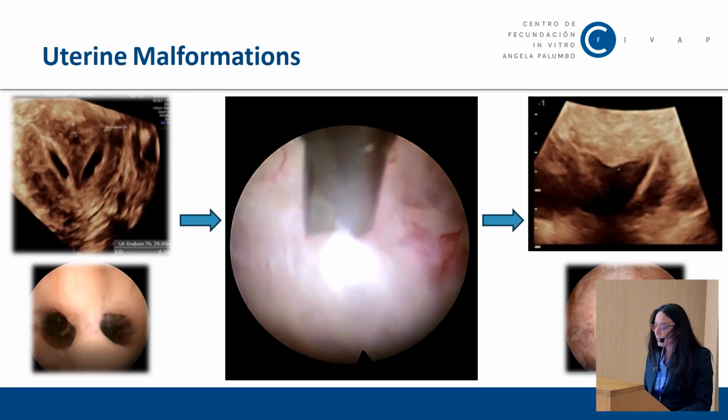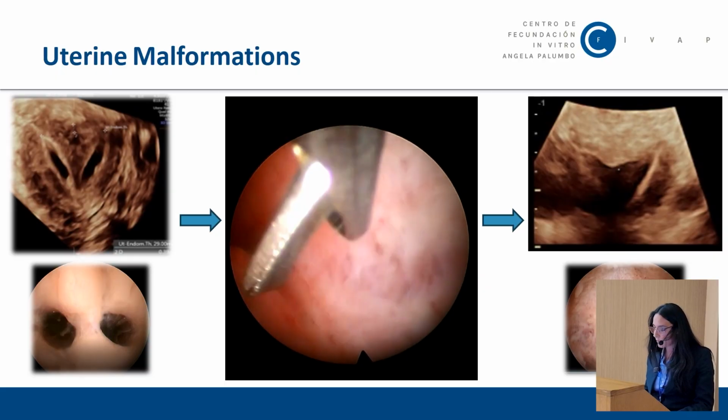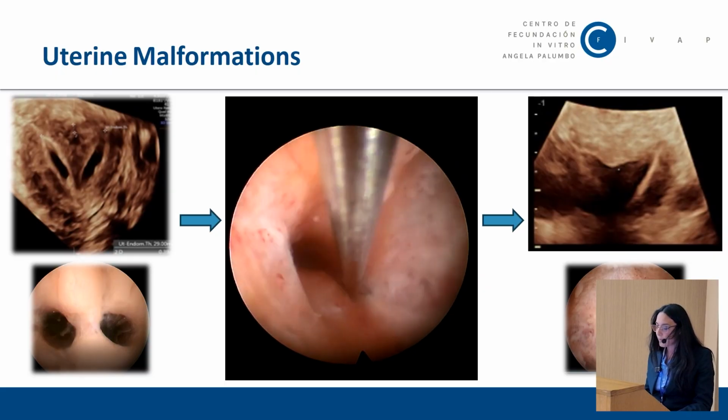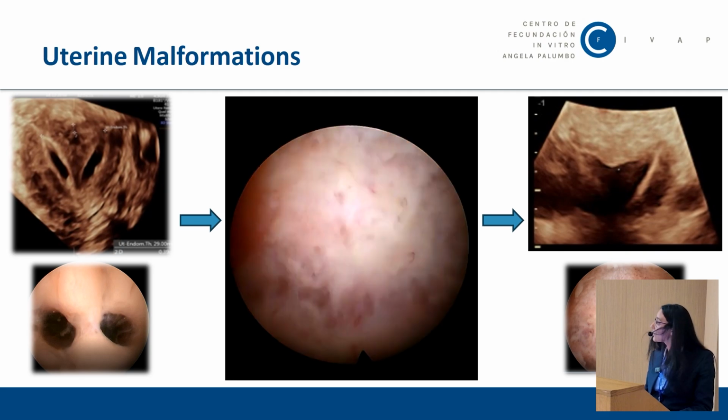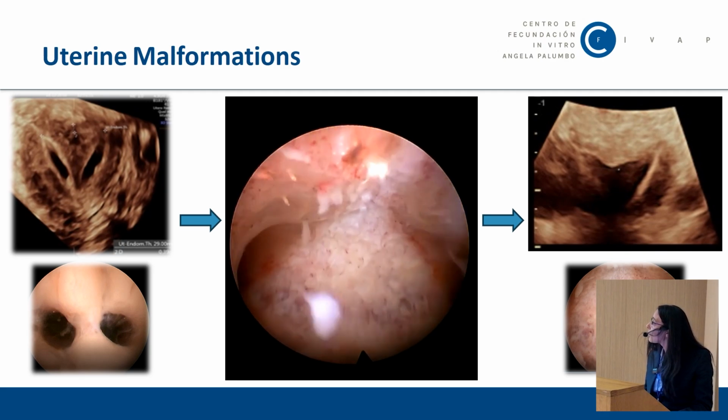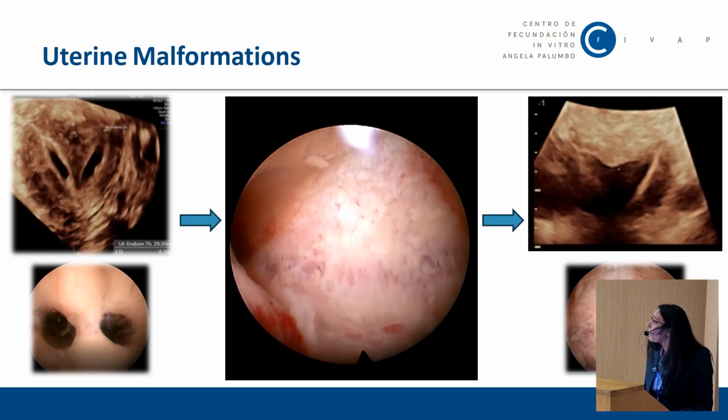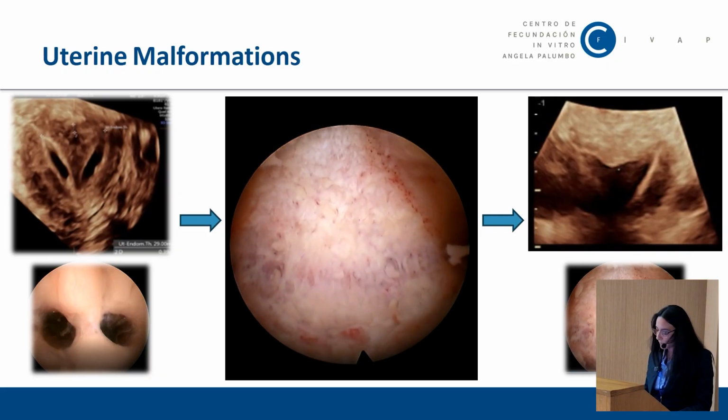Finally, we can see the normal morphology of the uterus at the end of the surgery. This is a 3D acquired at the end of the surgery with TUI and the corresponding rendering.